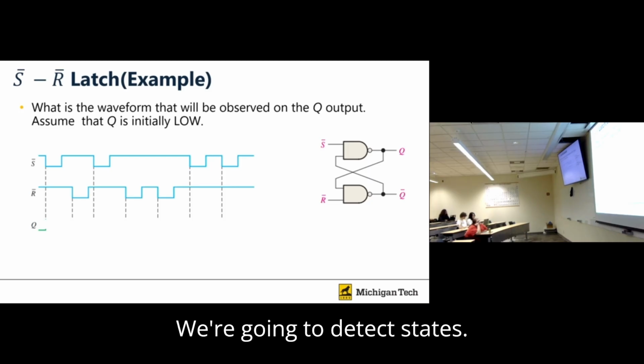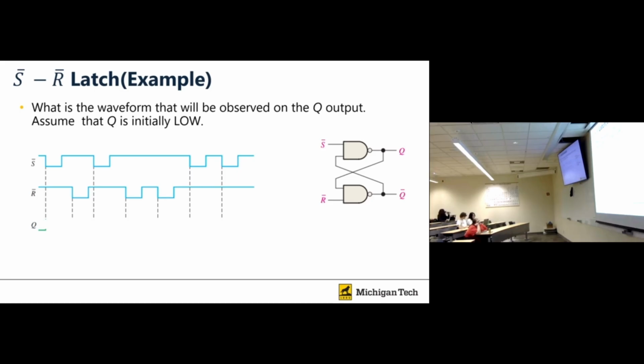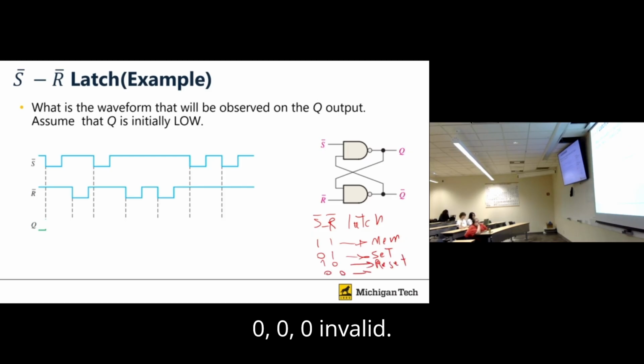So what we're going to do is detect states. Here is 1, 1. So this is an S bar, R bar latch. Okay, so 1, 1 is memory. 0, 1 is set. 1, 0 is reset. 0, 0 is invalid.